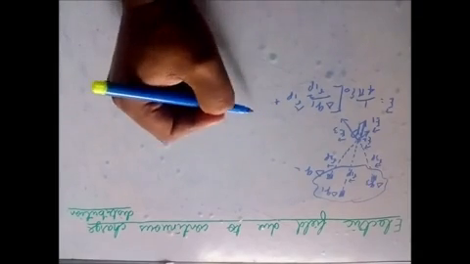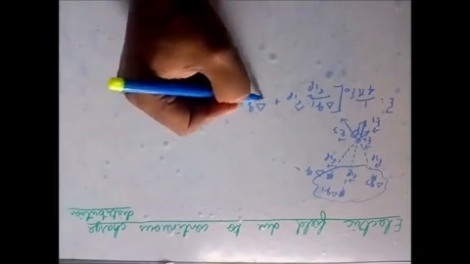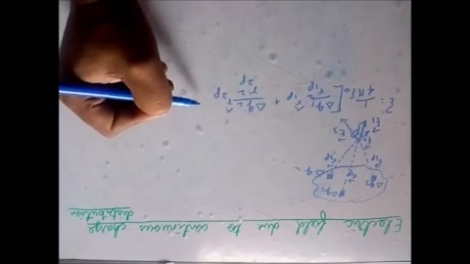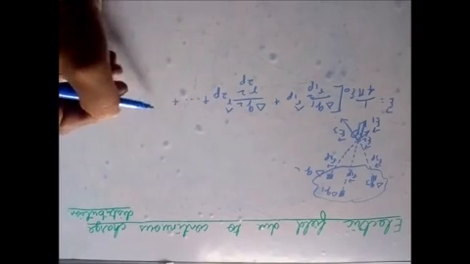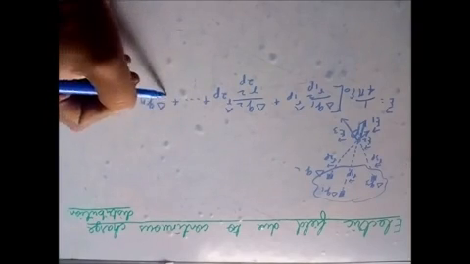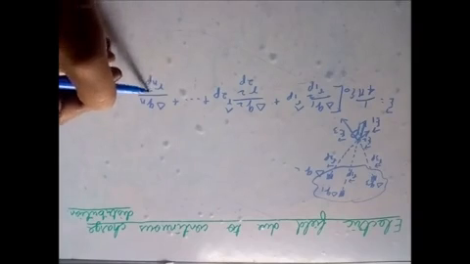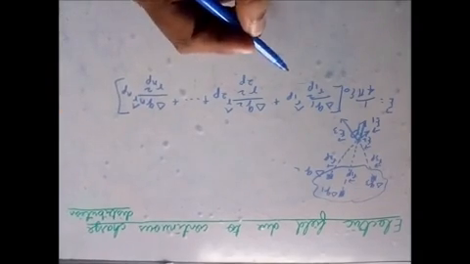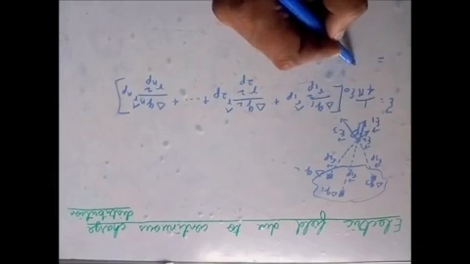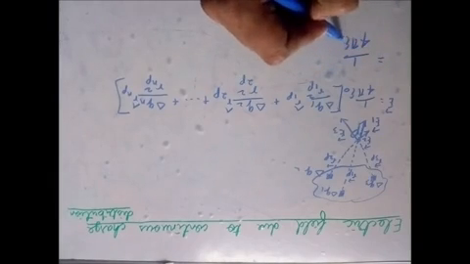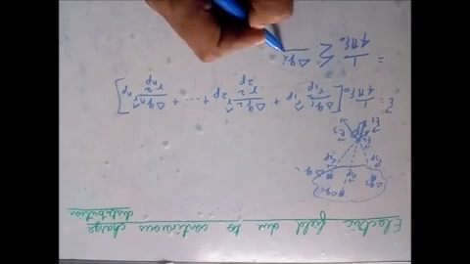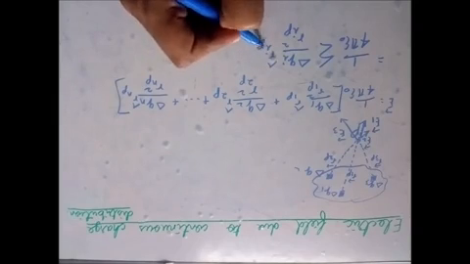The next term is delta q2 divided by r2p square into r cap 2p, and so on up to delta qn by rnp the whole square into r cap np. Now we can take a summation: 1 by 4 pi epsilon naught into the summation of delta qi by rip the whole square into r cap ip.